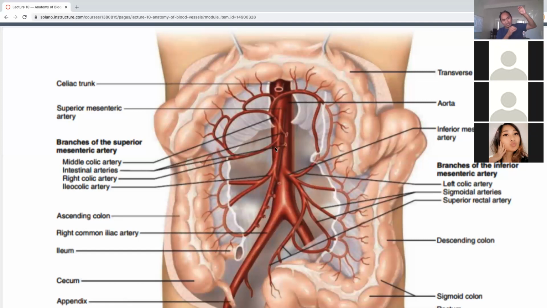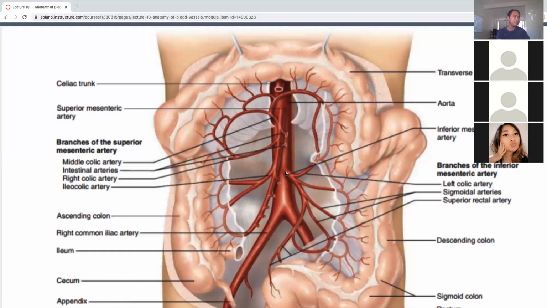Which means the celiac, superior mesenteric, and inferior mesenteric are supplying all the internal organs, the viscera of the abdomen, if we think like that. The upper portion is supplying everything in the upper part of the abdomen. The middle, second portion, superior mesenteric, supplies every part of the intestine in the upper part.